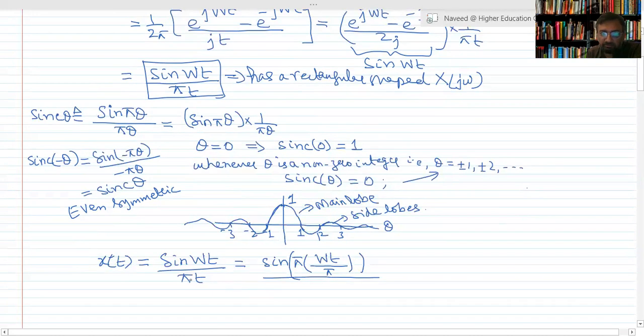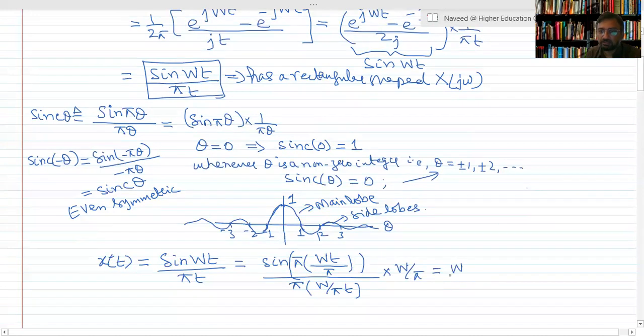I already have a pi here in the denominator, and the remaining terms I need for theta: I already have t, but W over pi is missing. So I put W over pi times t here, and because I have introduced W over pi in the denominator, I have to multiply or scale this function by W over pi.